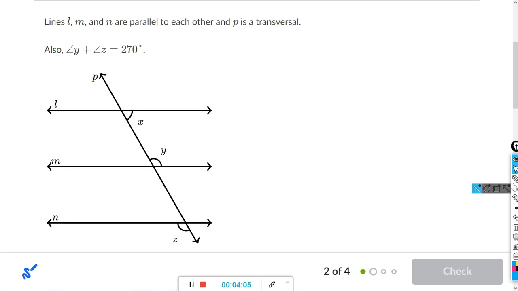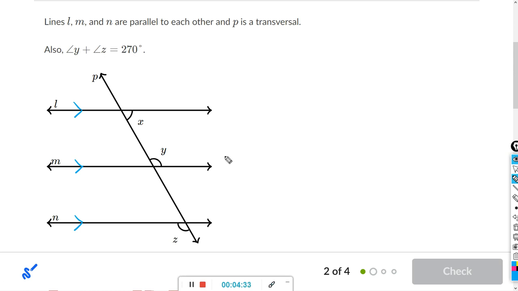Alright, this one might be a little easier. It says lines L, M, and N are parallel to each other, and P is a transversal. So we have L, M, and N all parallel, and I can mark those parallel to each other. Also, angle Y plus angle Z equals 270.